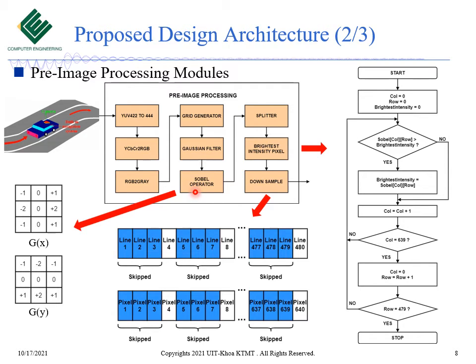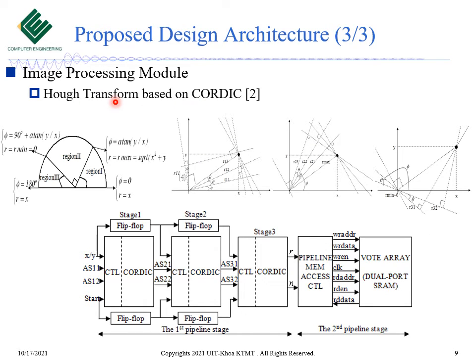After that, we put the information to the Sobel operator to get the edge detections. And after that, we split the image into 2 frames, 1 frame for the left lens and 1 frame for the right lens. And after that, we downsample for faster processing.